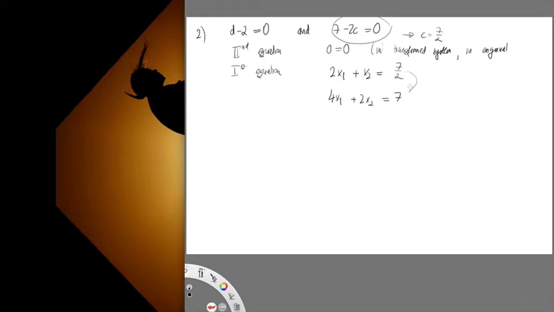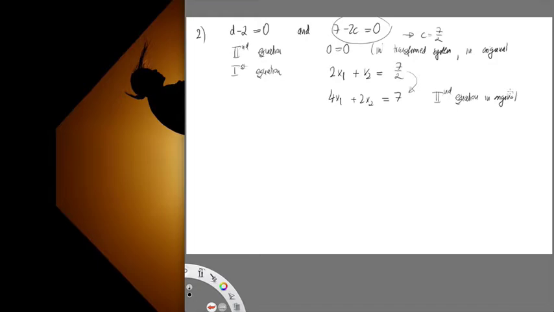Well, that's simply this multiplied by 2, right? And that's why it doesn't really constrain my system, because as an equation it's the same thing. Yes. Same thing in the sense that the same x1 and x2 that satisfy the first one satisfy the second one, and the other way around. Questions?